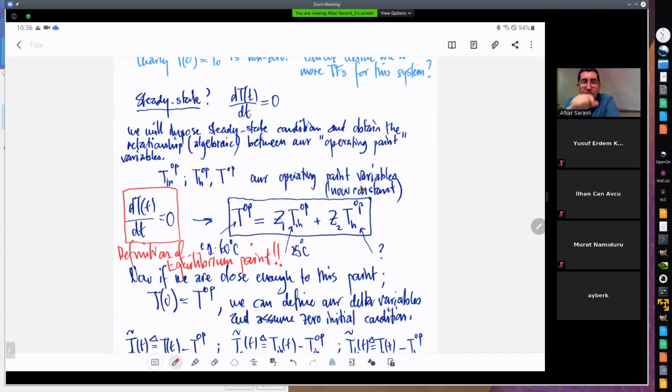Maybe the 55 degrees point does not make the derivative zero. It doesn't matter because the derivative is assumed to be zero, giving us this equation. As long as you satisfy this algebraic equation, you enforce the derivative to be equal to 0.